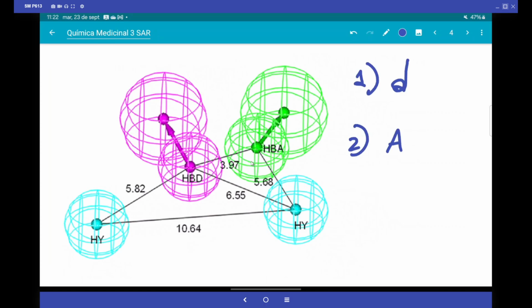Here a hydrogen bond acceptor, here a ring or a hydrophobic center separated from another hydrophobic center. Then, as you can see, we have physical, chemical elements separated by distances, by angles. That is a geometric pharmacophore, and these numbers are the distances in angstroms.